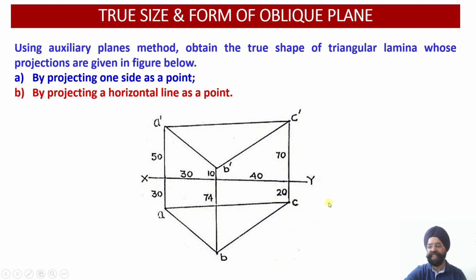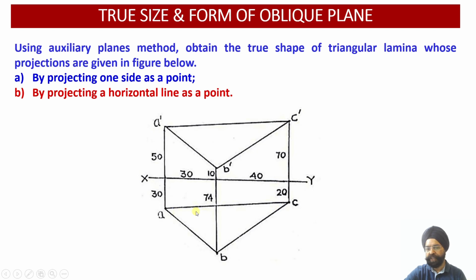Similarly, the vice versa is also true. From A, I draw a line AD intersecting the edge BC at this particular juncture, and the characteristic of this line AD is that AD happens to be parallel to XY.